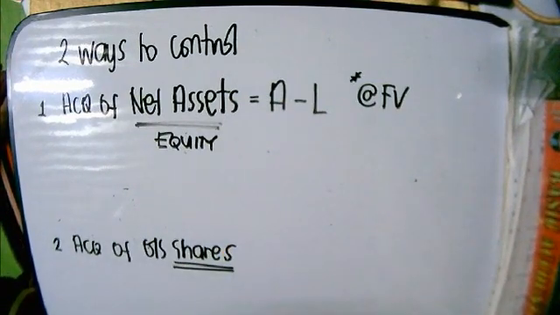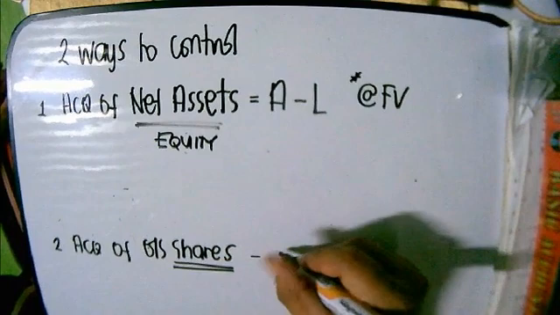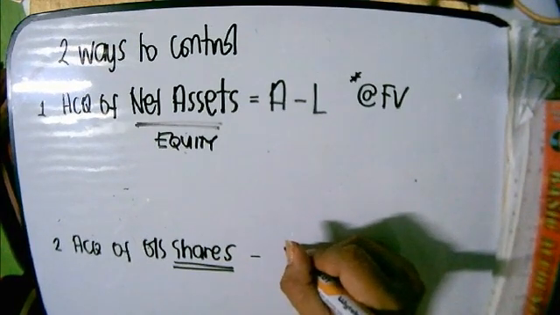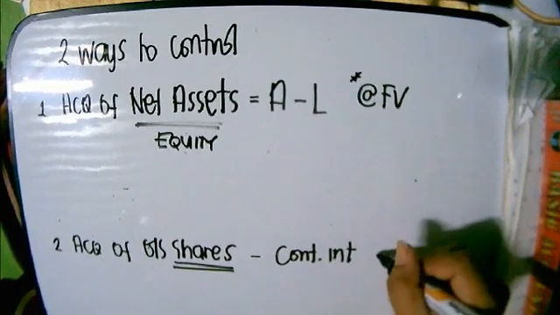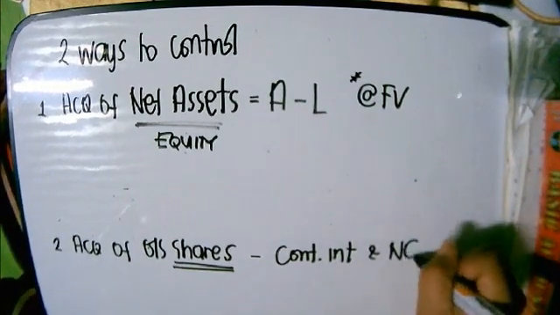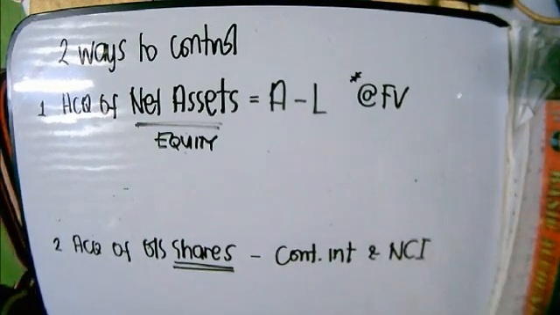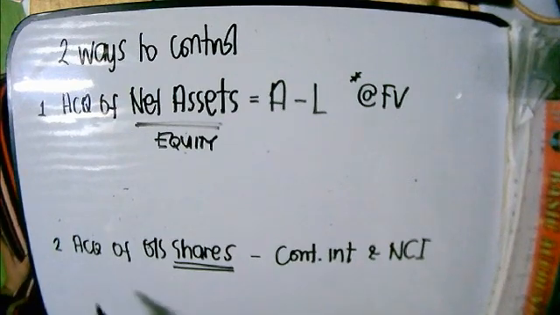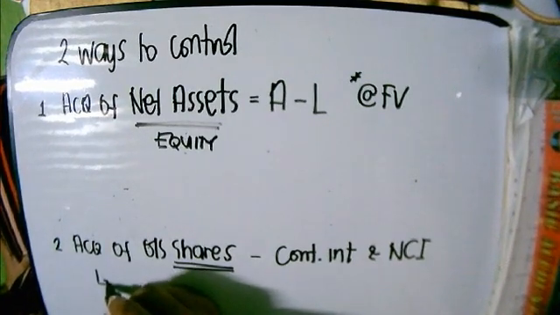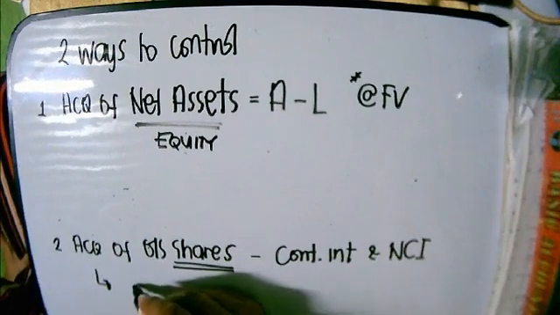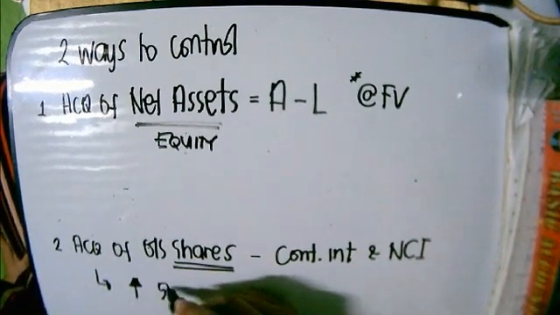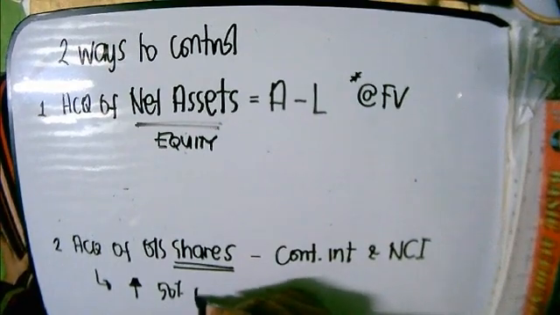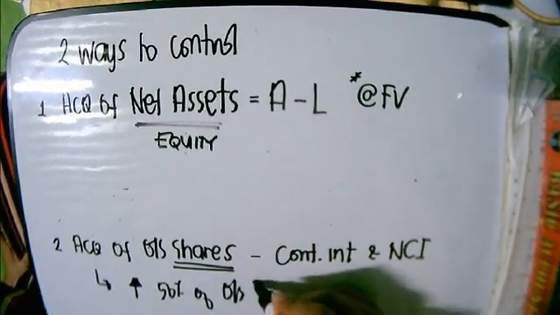So, kapag ganyan, nagkakaroon ng tinatawag na controlling interest and non-controlling interest. So, dito sa acquisition of shares, typically, ang ina-acquire dito is more than 50% of the outstanding shares.